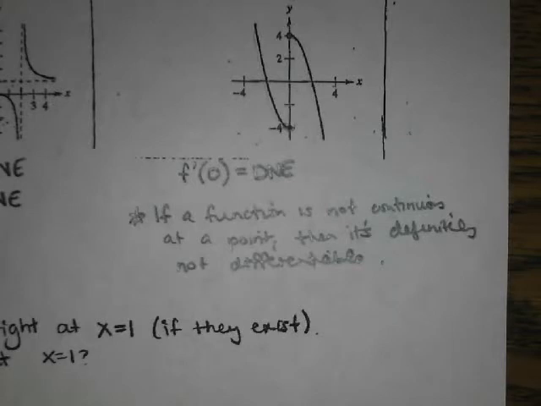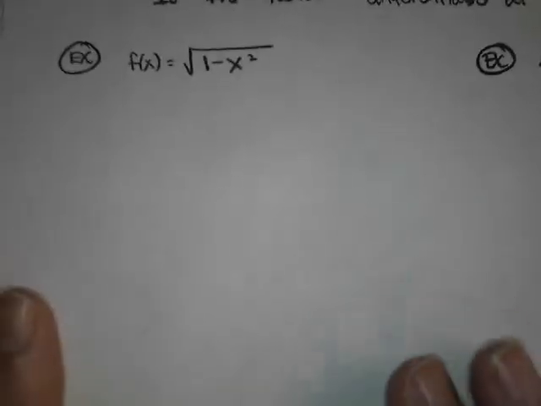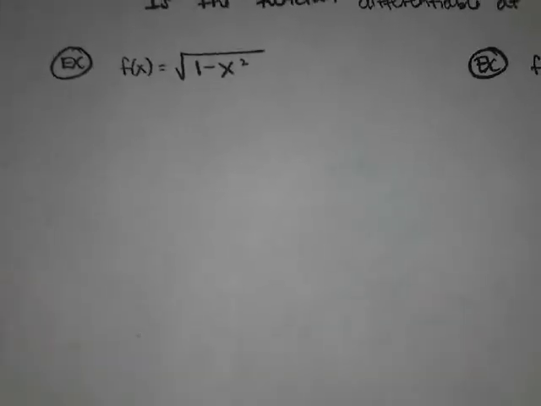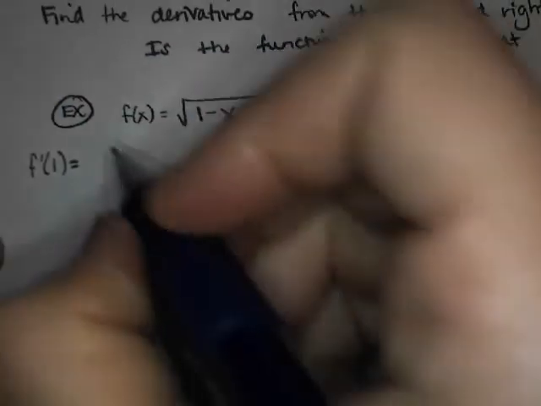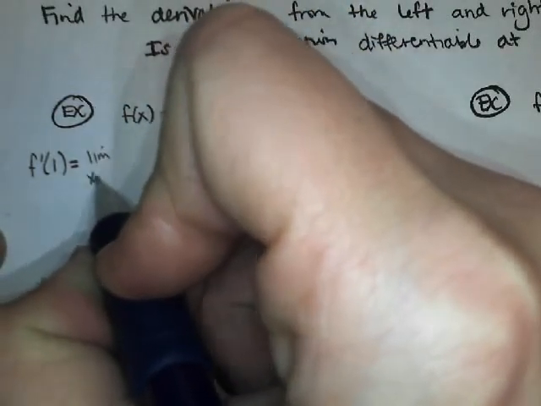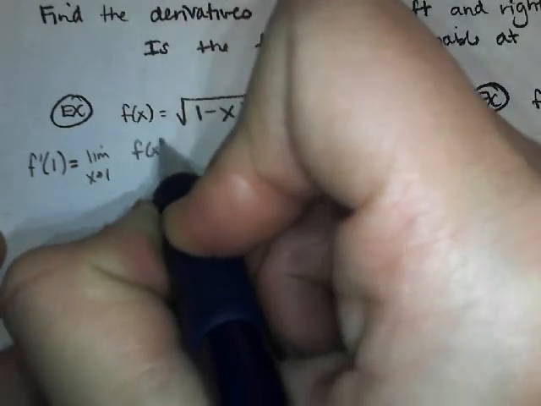All right. This example here, we want to try to find the derivative, the slope at 1. So we're going to look for f prime of 1. So we have the limit as x approaches 1 of f of x minus f of 1 over x minus 1.